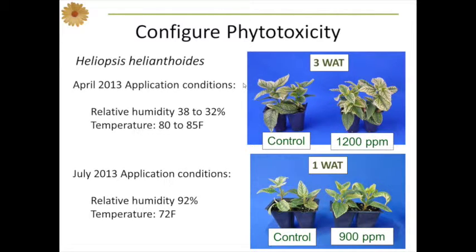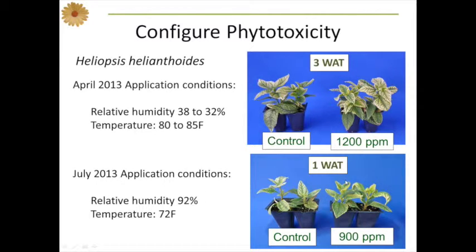At 1,200 parts per million, we had no phyto, and we had an improvement in branching. But look at our conditions. We were very dry. Our relative humidity is very low. Pretty high temperature, so we have very rapid drying conditions. Under rapid drying conditions, these materials are all going to have very low efficacy. So we did not have much response here.